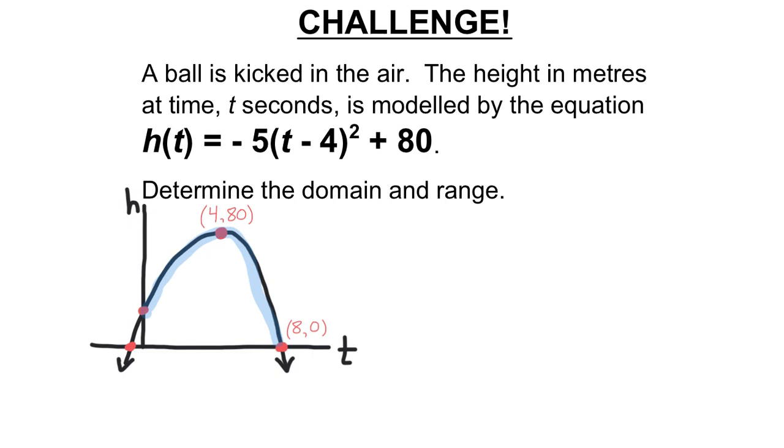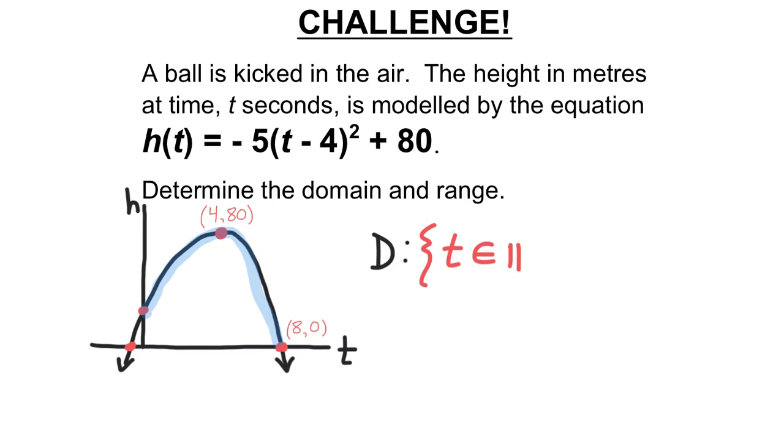So, what are the limits? What are the restrictions on time? Well, it has to start here when time is 0 and end here when time is 8 seconds. So from 0 to 8 seconds. Now, how do I write that? Well, the domain is time.